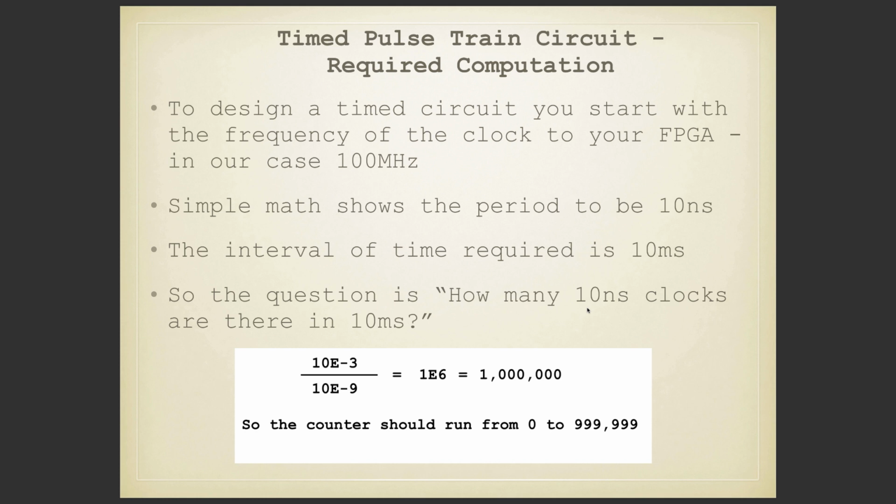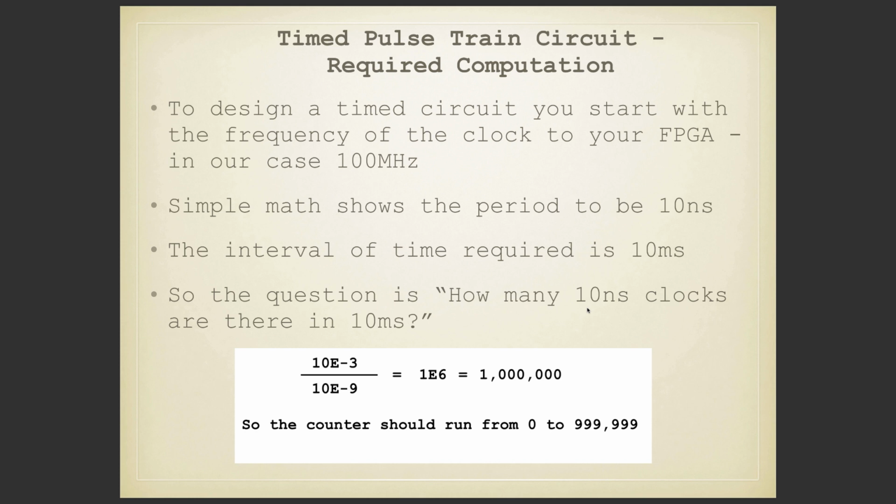So when we do this type of circuit, what we have to do is do the math to figure out how long we have to wait. Since our clock frequency is 100 megahertz, we know the period is 10 nanoseconds. The fundamental question is, how many clocks will there be in the desired period of time? In this case, 10 milliseconds.